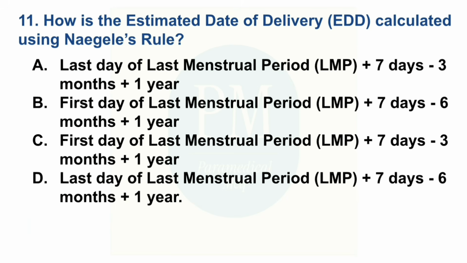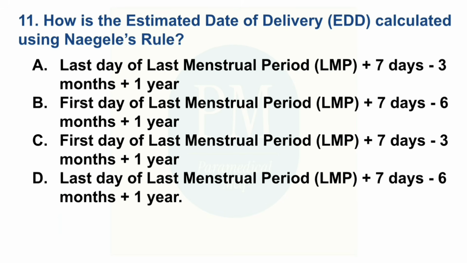How is the estimated date of delivery, EDD, calculated using Naegele's rule? Option A, last day of last menstrual period, LMP, plus 7 days, minus 3 months, plus 1 year. Option B, first day of LMP plus 7 days, minus 6 months, plus 1 year.